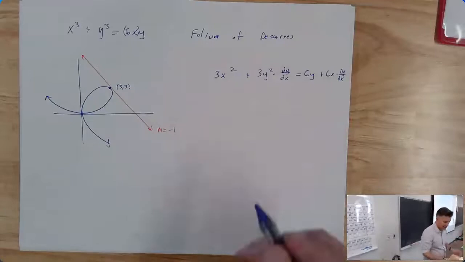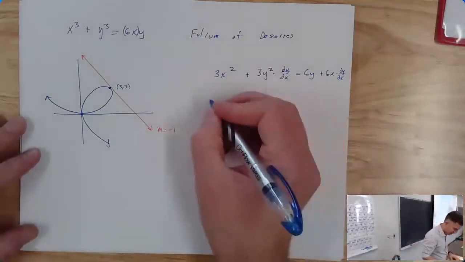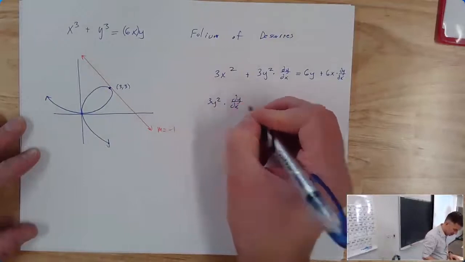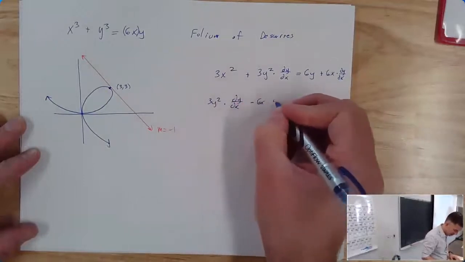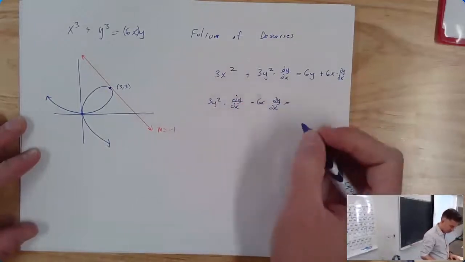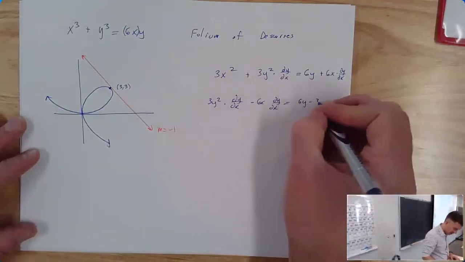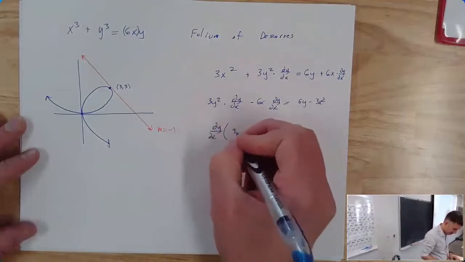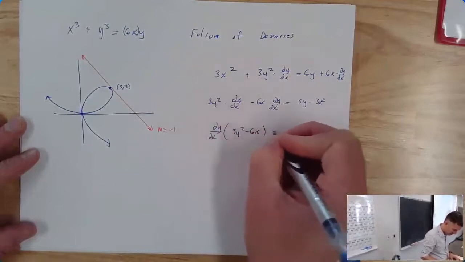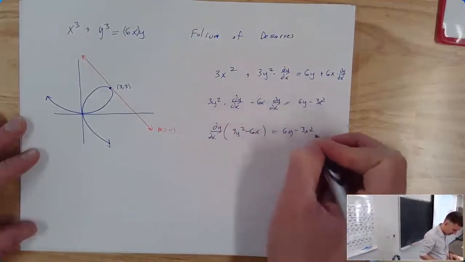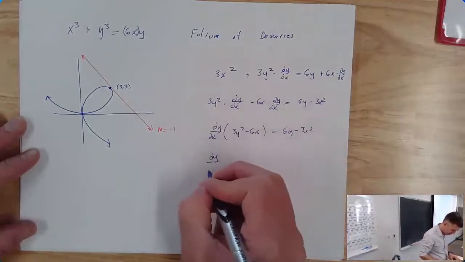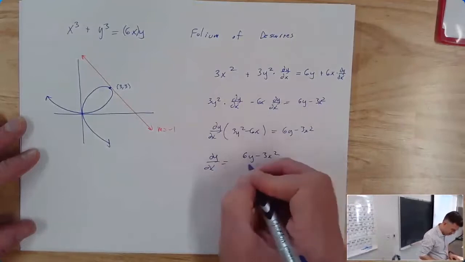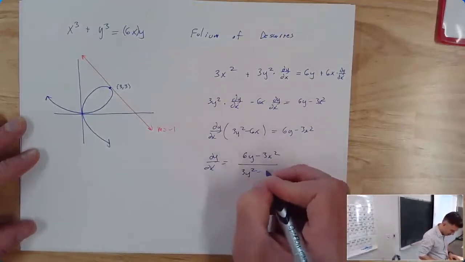Here, if we isolate dy dx, we put 3y squared times dy dx minus 6x times dy dx equal to 6y minus 3x squared. Factor out the dy dx, to get 3y squared minus 6x. Then finally divide by this, and you get the derivative dy dx equal to 6y minus 3x squared over 3y squared minus 6x.